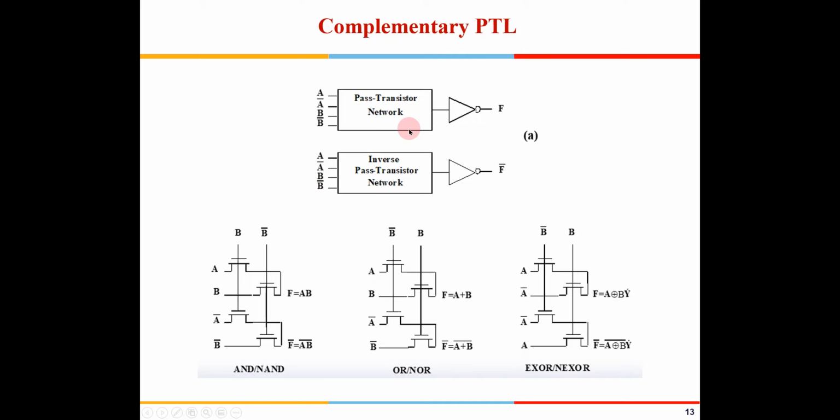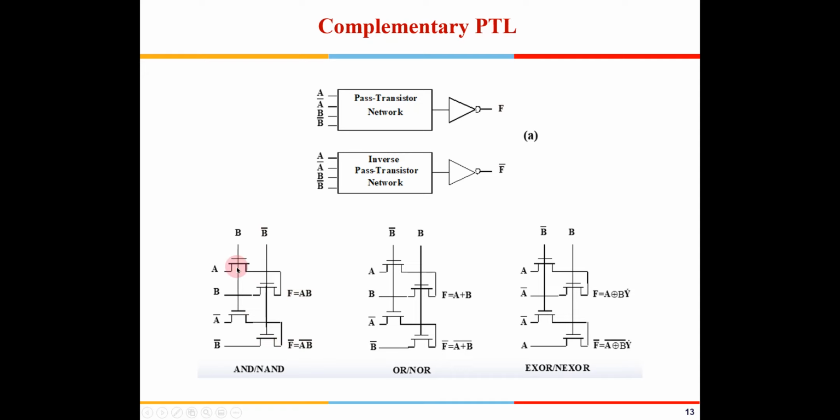When we make complementary circuits, we generally implement both F and F bar, because in the next stage you might have to use F and F bar also, right? It is better that you have both outputs. So we can implement it like this.